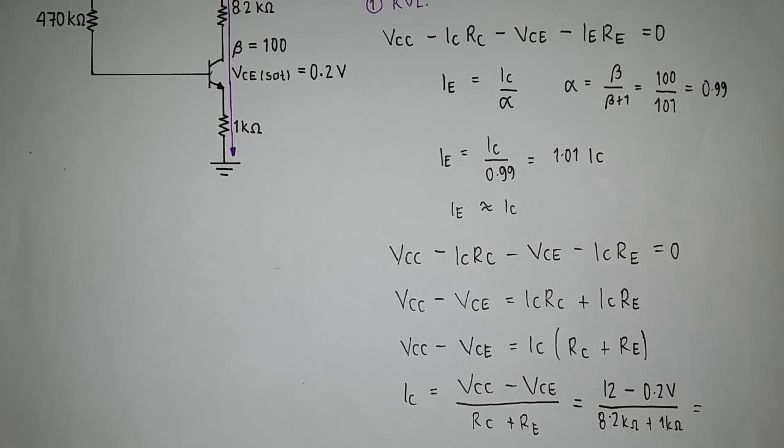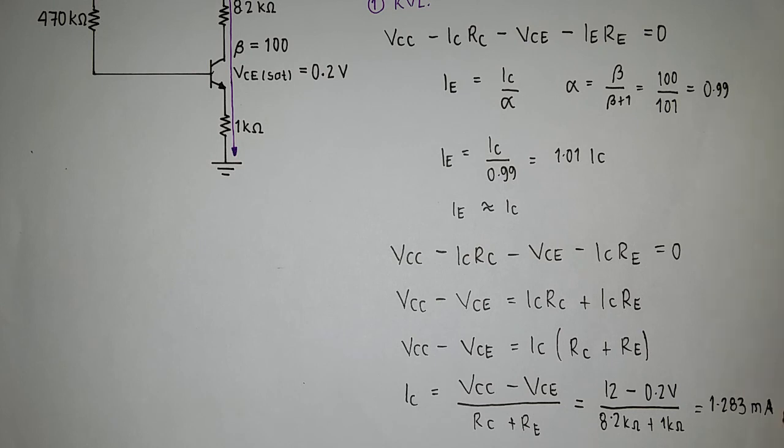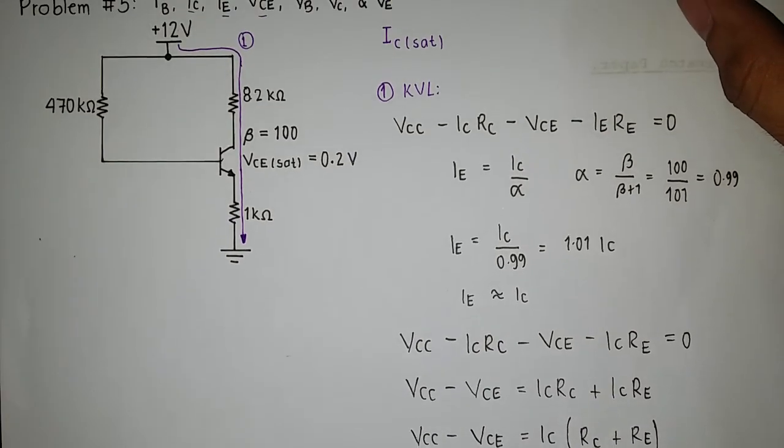And that would be equal to 1.283 milliamperes. So ibig sabihin, yung collector current natin is hindi pwedeng lumagpas sa 1.283 milliamperes. And going back to the circuit.